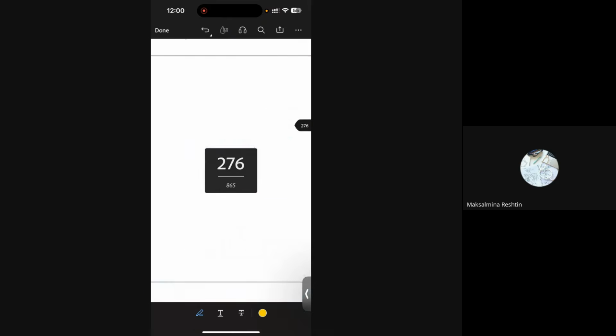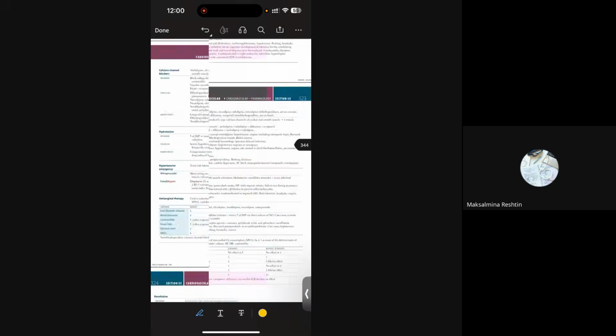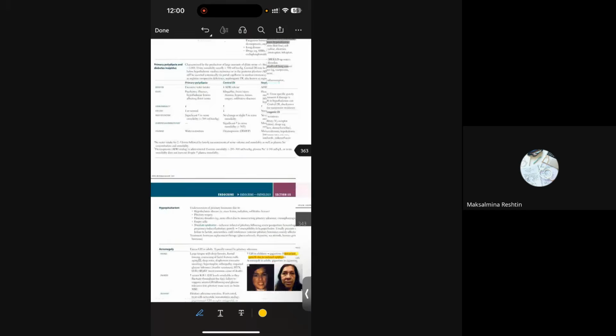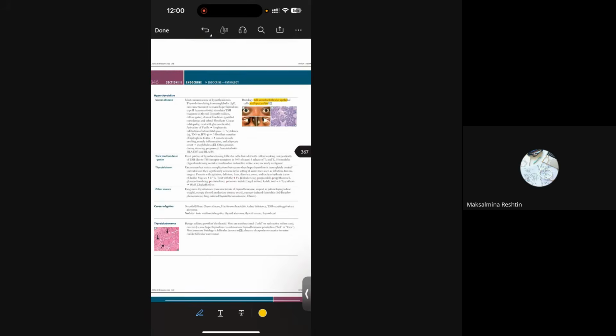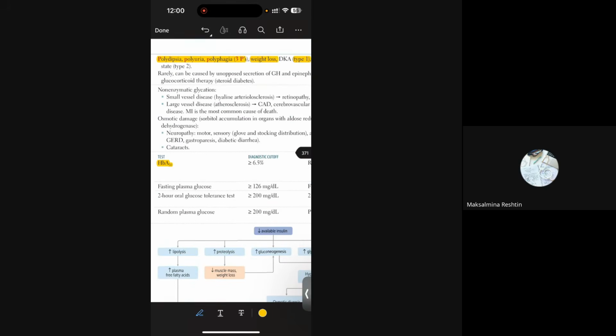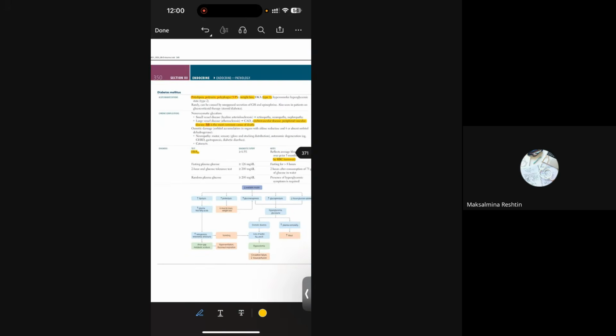MI is the most common cause of death in diabetes patients, and it is written here: in type 2 diabetes mellitus, MI is the most common cause of death.